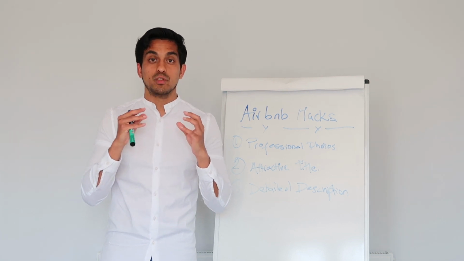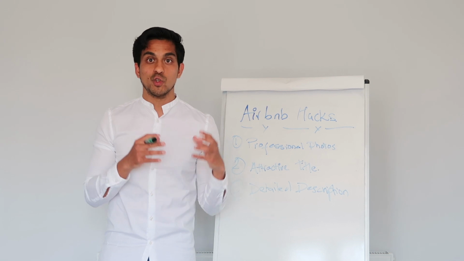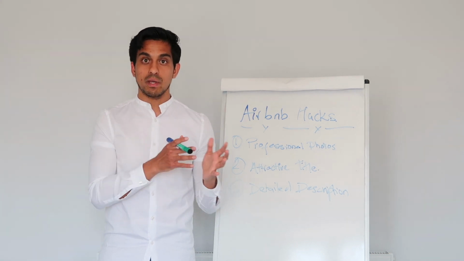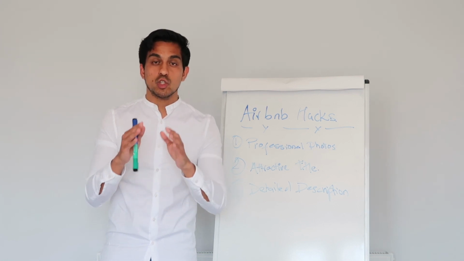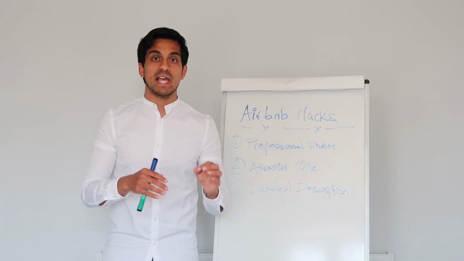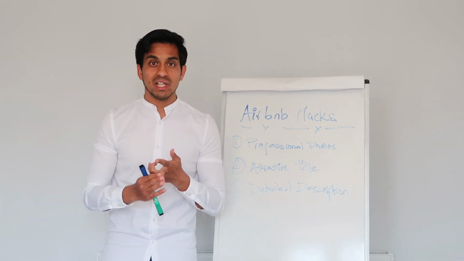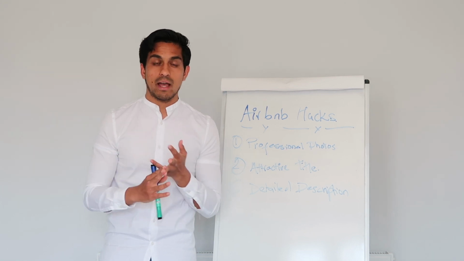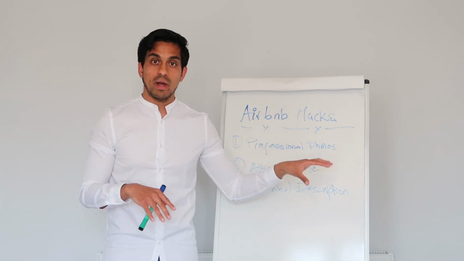An Airbnb customer has only got a few seconds. They really like your pictures, they really like your title, but the description needs to be broken down into such a simple form that clients know exactly what you're offering: the types of bed, how many bathrooms, what's included in the kitchen, the lounge. All this detailed information needs to be in your Airbnb listing.